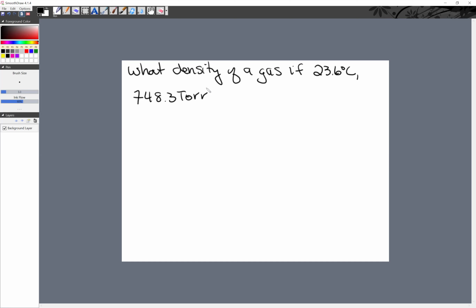And what else do I need? Yep. What is the density of a gas if it's at 23.6 degrees C and 248.3 torr?